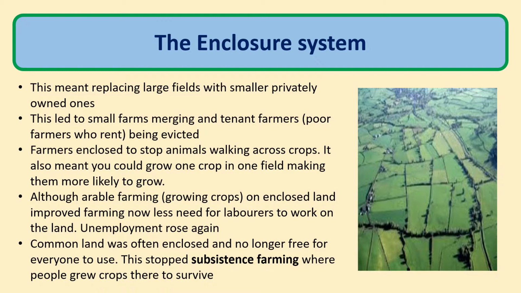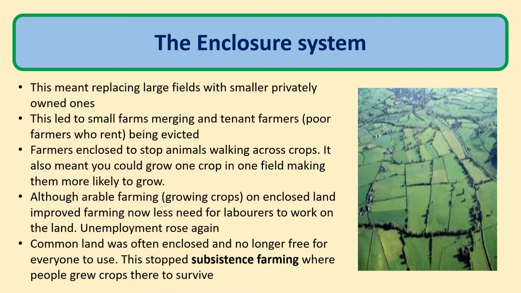Smaller farms were being phased out, and tenant farmers, the poorer farmers who rented the land rather than owned it, ended up being evicted, and this was linked into the wool trade to a degree. So farmers enclosed their fields to stop animals walking across crops, and it also meant you could grow one crop in one field, making it more likely to grow, and then another crop in another field, and then you could rotate them around like that if you wanted to.